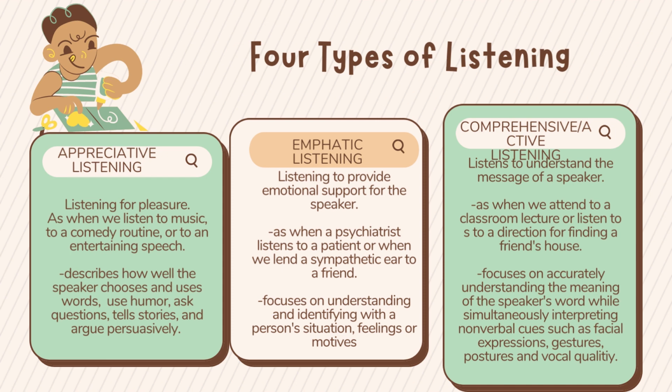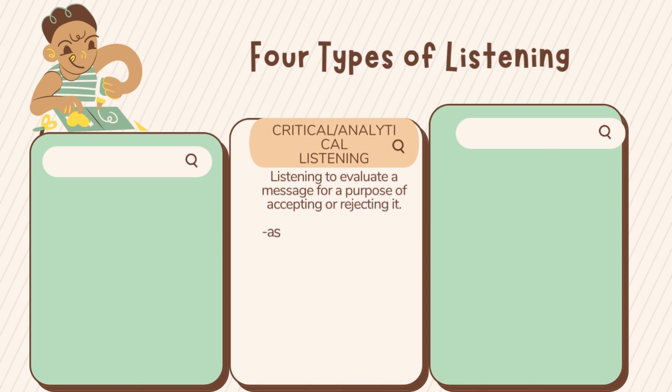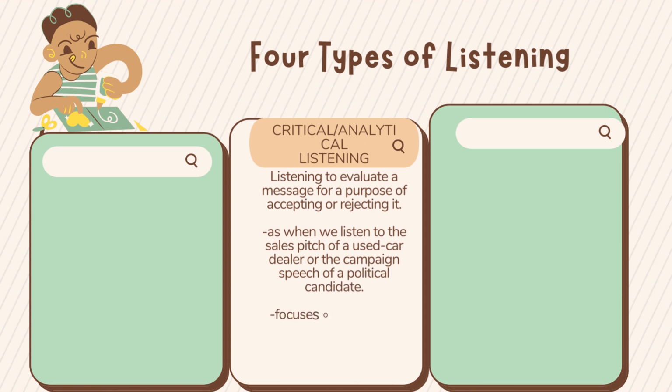And then we have the last type of listening, and that is the critical analytical listening. Listening to evaluate a message for the purpose of accepting or rejecting it. Okay? As when we are listening to the sales pitch of a used car dealer or the campaign speech of a political candidate. The focus of such is to evaluate whether the message is logical or reasonable.